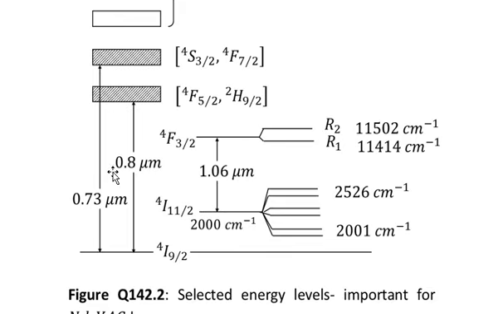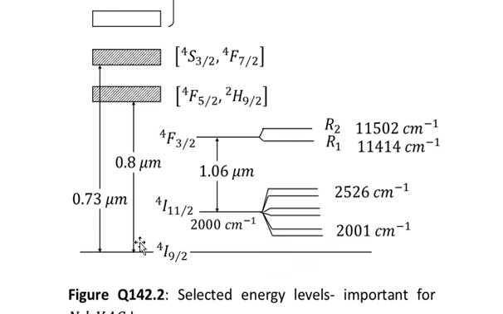And you see that I have shown these wavelengths: 0.73 micrometer, which is the wavelength of a pumping system, and 0.8 micrometer, which is another wavelength of the pumping system. These two wavelengths are used as pumping wavelengths in order to pump the two absorption bands.